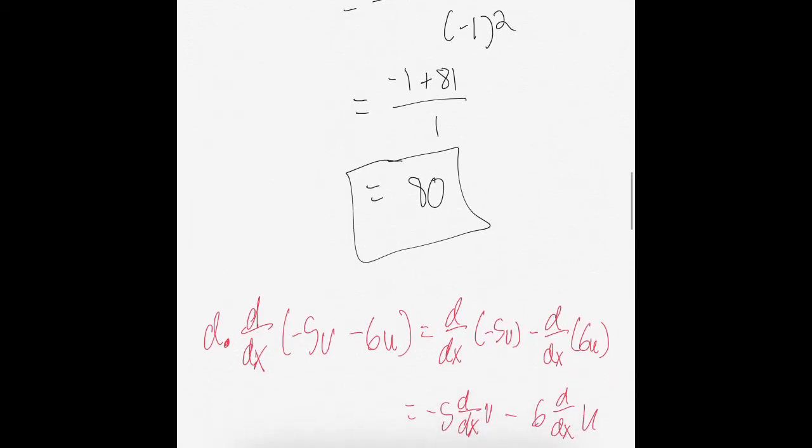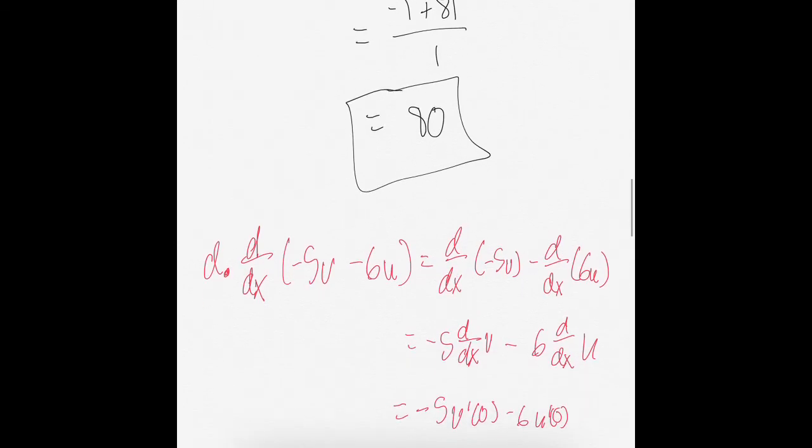Finally, part D asks for the derivative of -5v minus 6u. So I went through and I broke this down in excruciating detail, right? So first we can distribute that derivative to both of the two functions, since we're just adding them or subtracting them in this case. Then we can pull the constants out front of the functions, right?